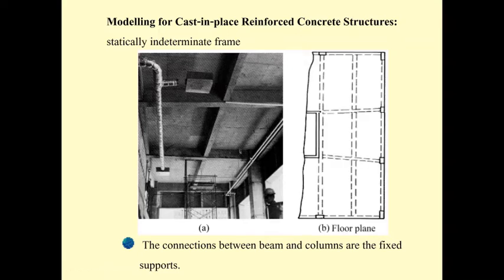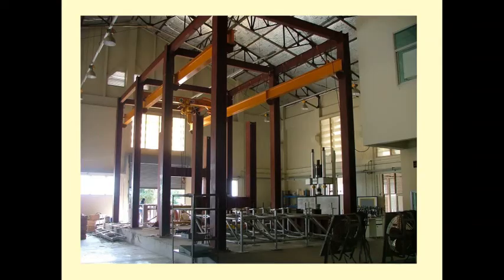And the model is like this. We also have this frame. I'd like you to go over there, take a look at it, and think about how the load transfers from where to where, and how the structure resists the force.